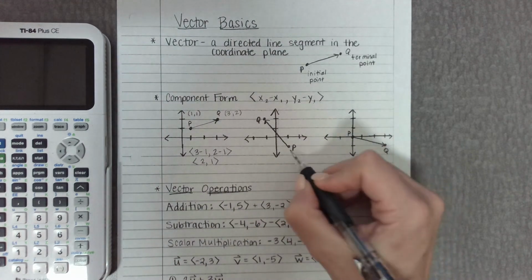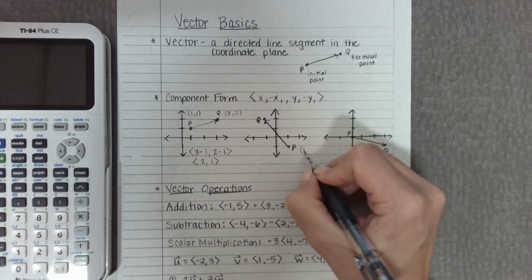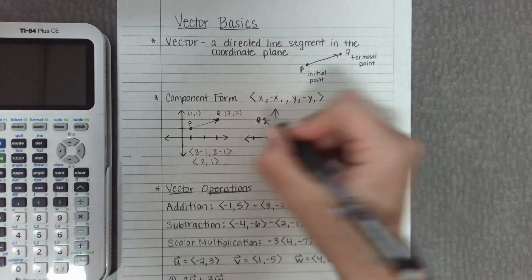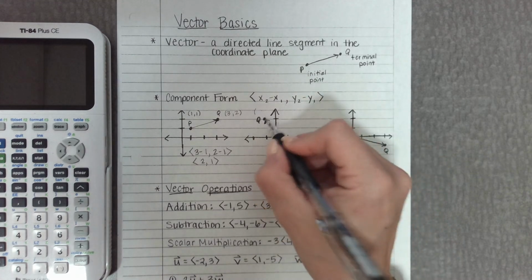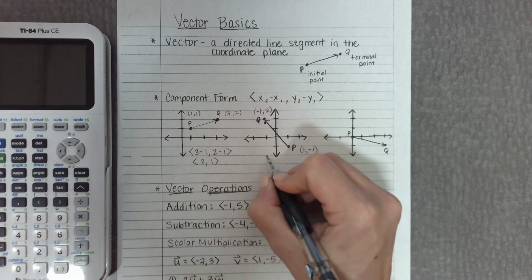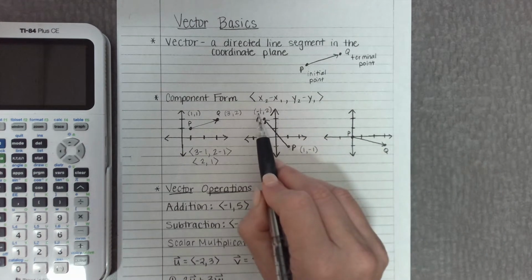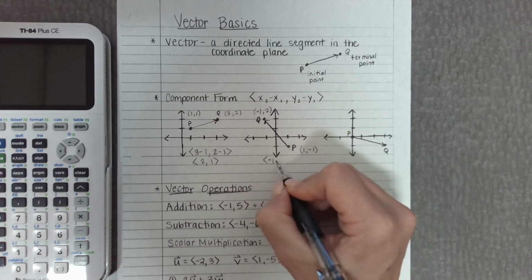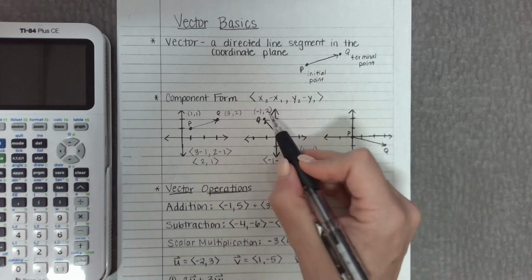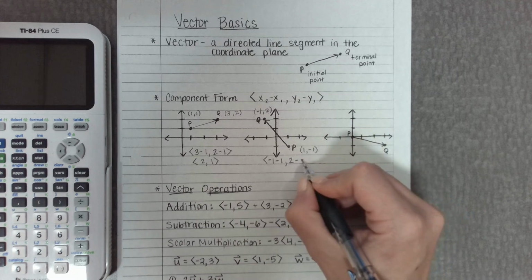Okay, for this vector we have point P, which is at 1, negative 1, that's our initial point, and we have point Q, which is at negative 1, 2. So for our component form, we always go terminal point minus initial point, x2, so that would be negative 1, minus initial point 1, and then do our y's, 2, minus negative 1.